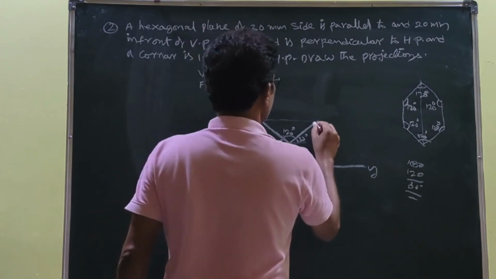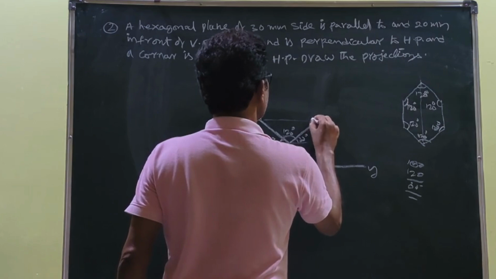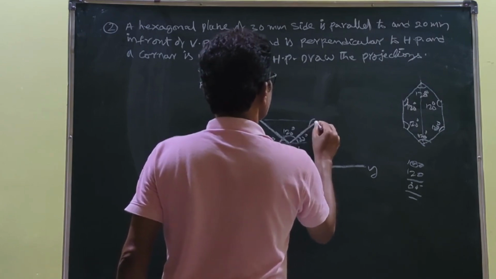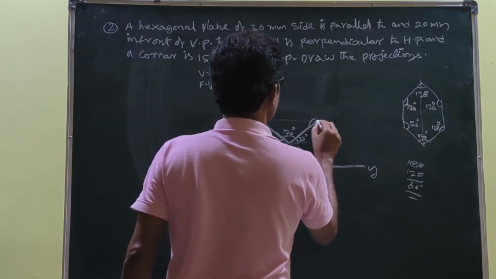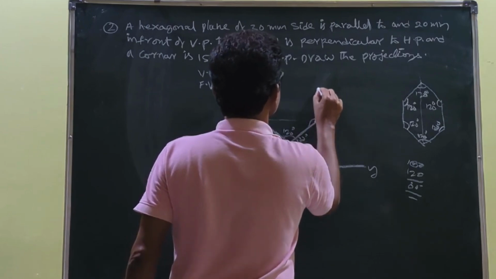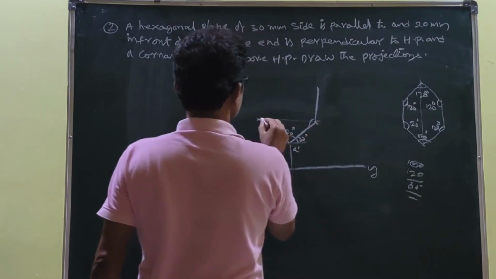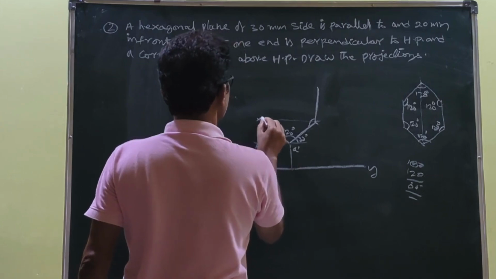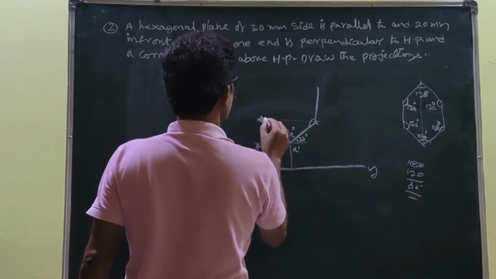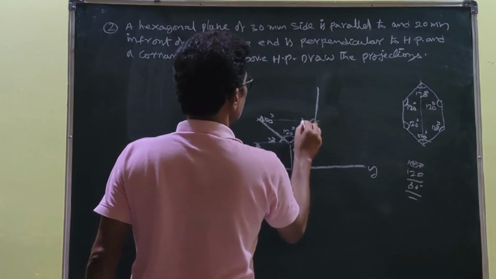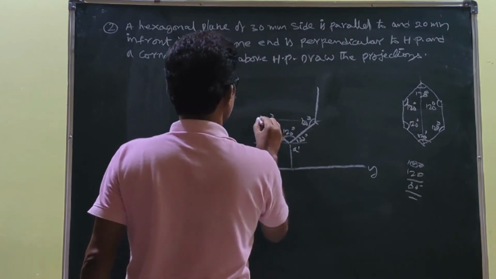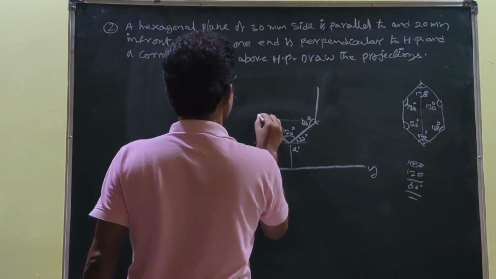Here you set up 120 degrees, 120 degrees here. You can get the line like this. Here also set up 120 degrees, here also 120 degrees. You draw a line, you will get like this.